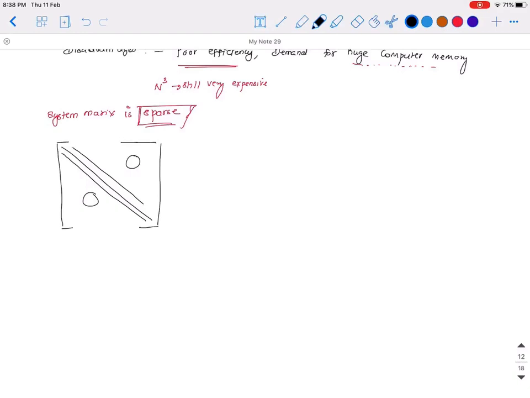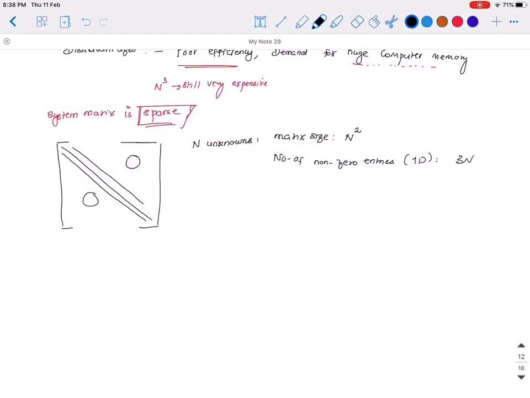Okay, so if we have n unknowns, the matrix size is n square, but the number of non-zero entries, for a 1D problem, is usually 3 times n.